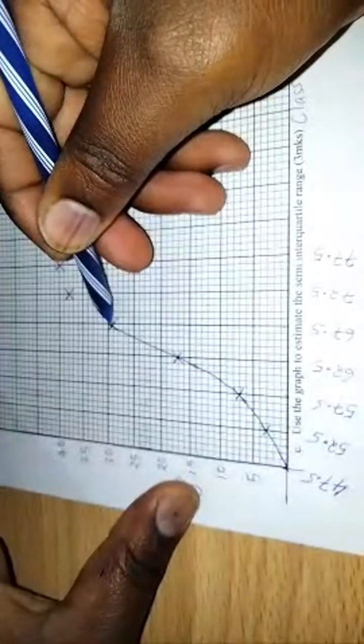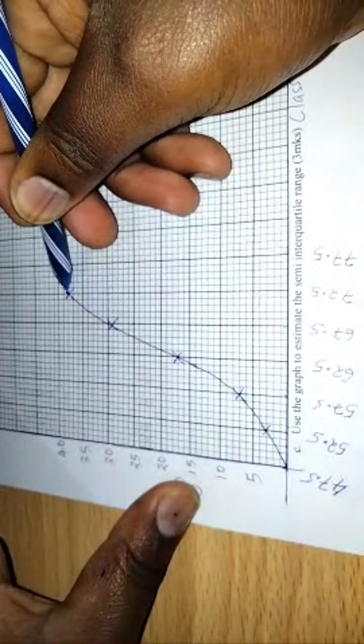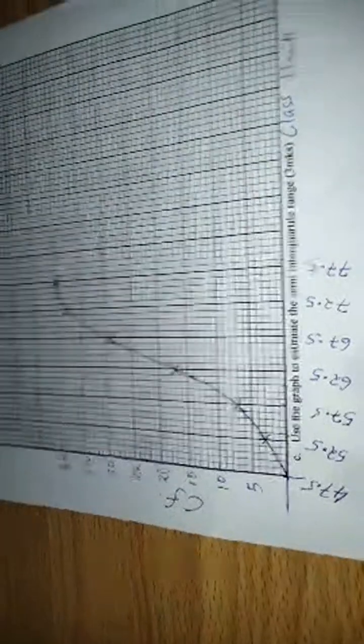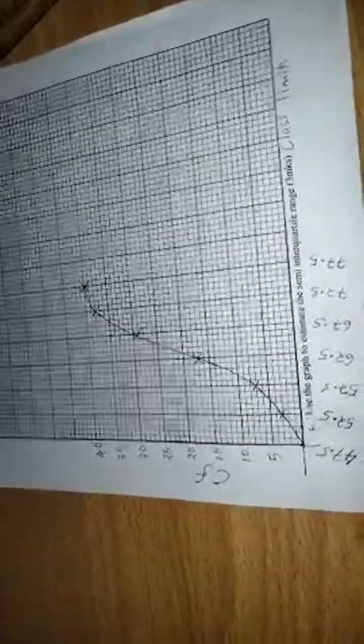And as we said, an ogive should simply behave like a stretched S. And as we can see, it is featuring out very well. So this is going to be our cumulative frequency curve, or rather the ogive. That is how the ogive will be.